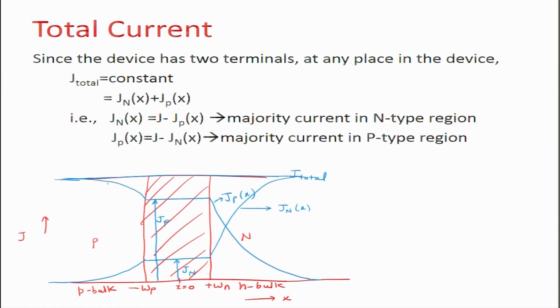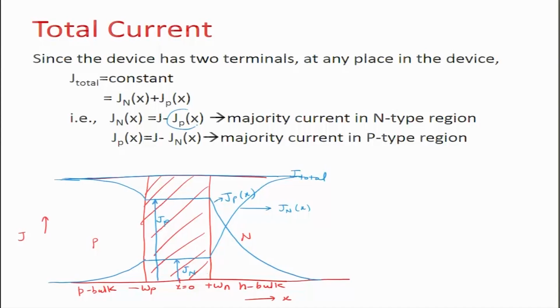Similarly on this side, if you want to find out the majority current JPX, that would be total J minus JNX. Similarly you can find the minority current. So this would be, for example, the minority current in the N type, if you take JNX as the majority current in the N type.